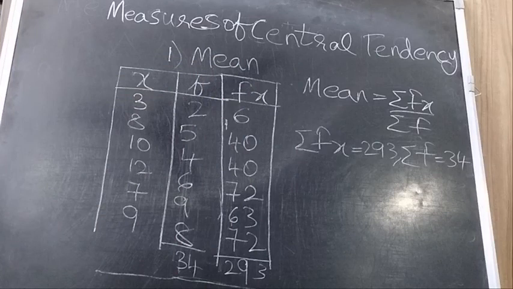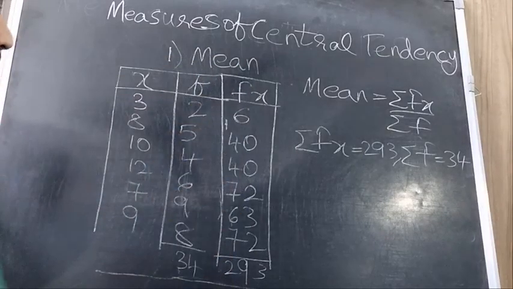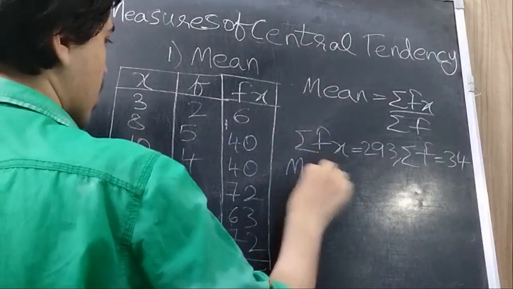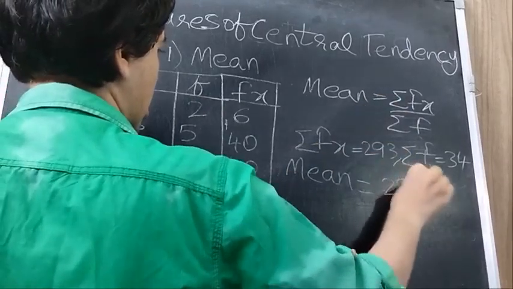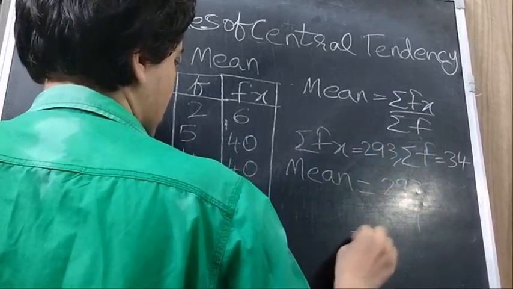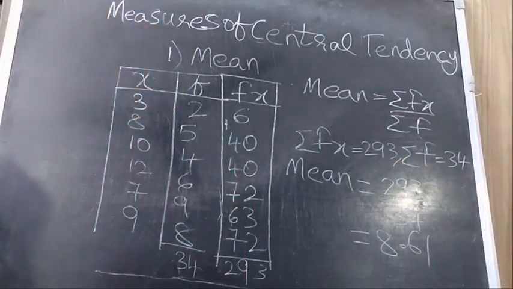So sigma fx is 293 if you add all these terms, sigma f is 34 if you add the frequency terms. Now substitute in the formula, that is sigma fx 293 divided by sigma f, that is 34. You will get some 8.61. It is the answer in the discrete series.